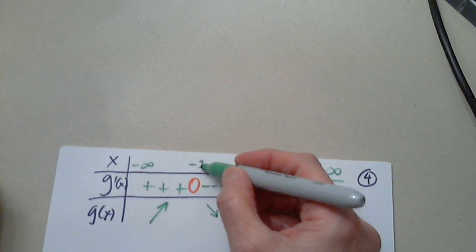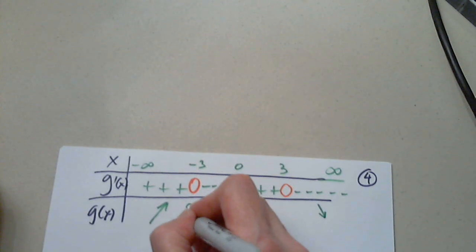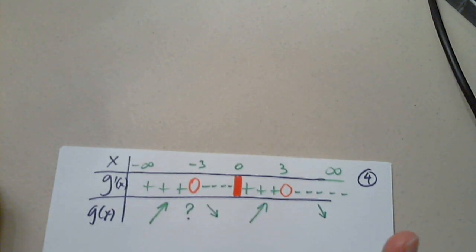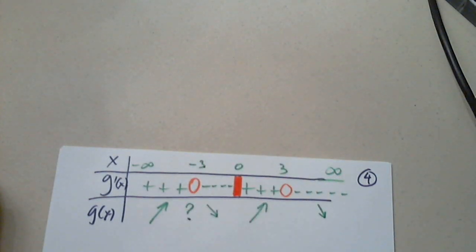What does this point represent? I'm sorry, -3 whatever, which we can make up where it is not given to us. What is this point -3 whatever for the function g of x?